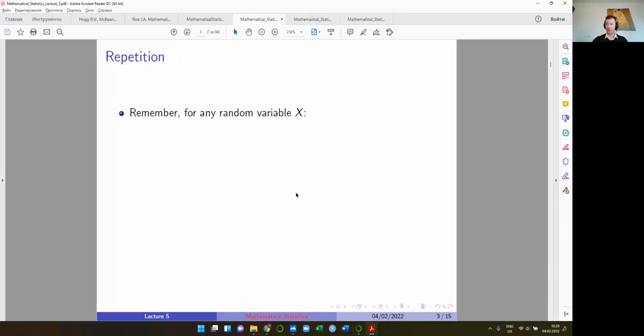Okay, so first of all, as usual, I realized that every lecture we need to remember something from the past lectures, so some repetition. Remember that for any random variable, we have an expected value, which is the first moment around the origin. We also call this the population mean. Those are synonyms: expected value, population mean, same.